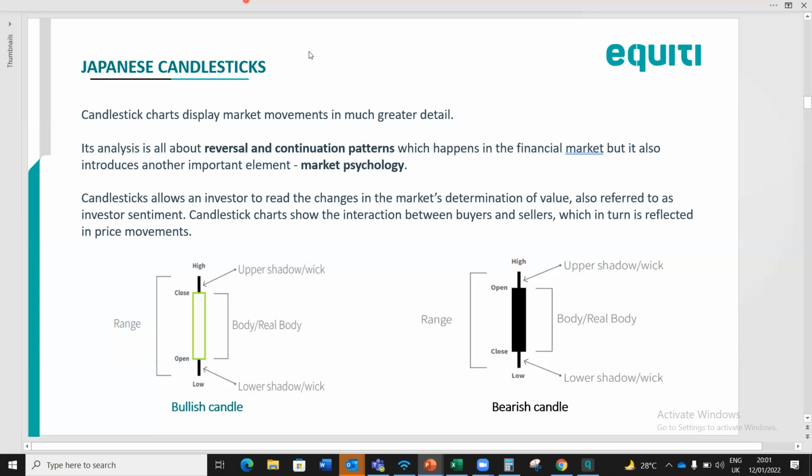Investor sentiment. Okay. So candlestick charts show the interaction between buyers and sellers, which in turn is reflected in the prices of a particular asset.